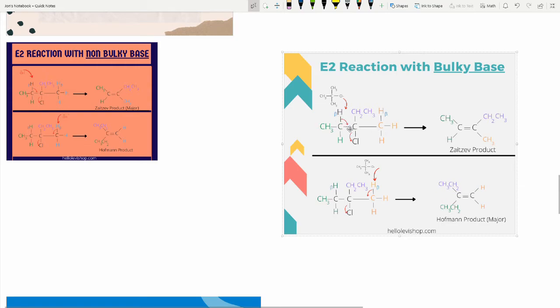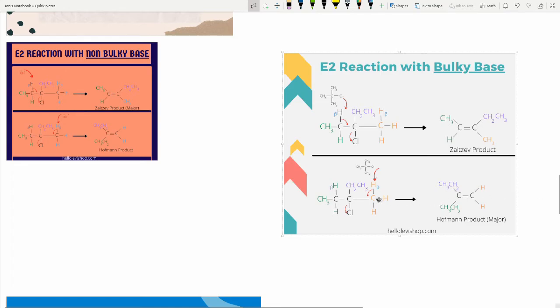The double bond forms, and then the leaving group leaves. This particular proton is more sterically hindered due to having two alkyl groups around it, the methyl group right here as well as the ethyl group. The product will not be the major product due to the steric hindrance, but we do end up with a tri-substituted alkene. One alkyl group right here, one right here, and one right here.